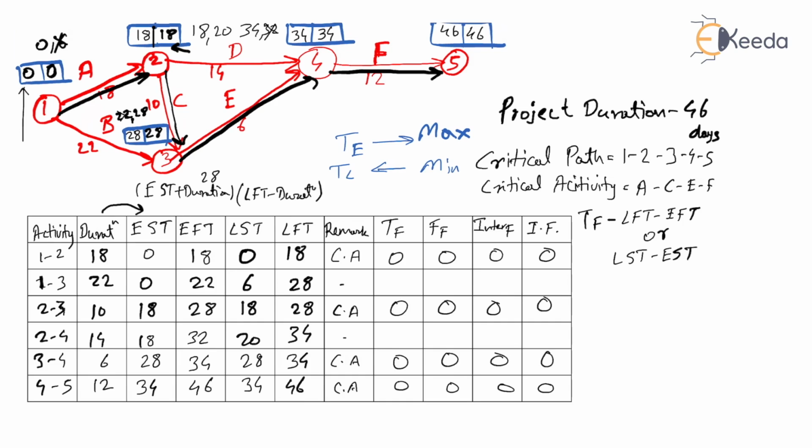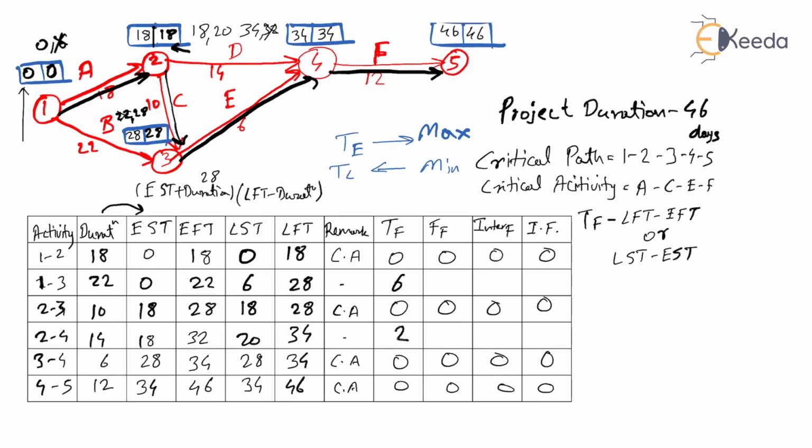LFT 18 minus 18 is 0, as you can see for the first. Now for your second activity, 28 minus 22 will give us 6. For your fourth activity, 34 minus 32 will give us 2. And you can check also, 20 minus 18 is also 2. And here if you check, 6 minus 0 is also 6. So we can use either of these formulas.